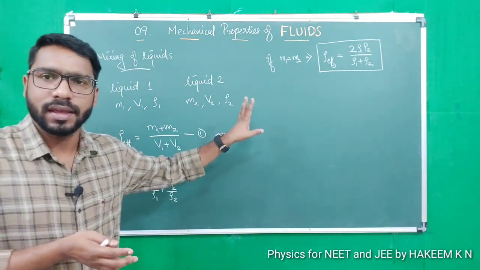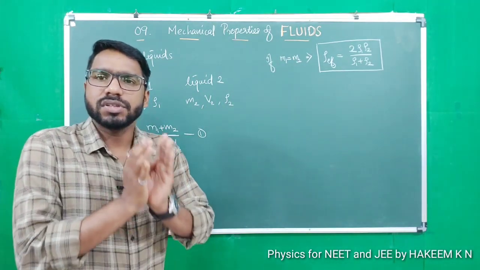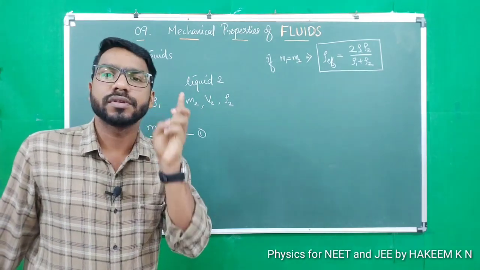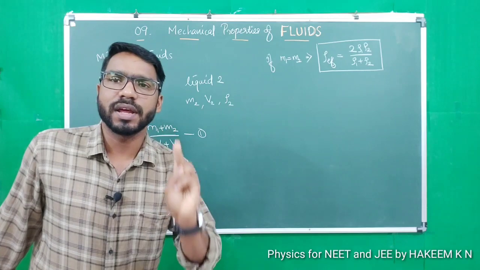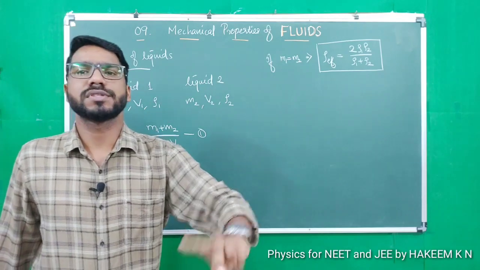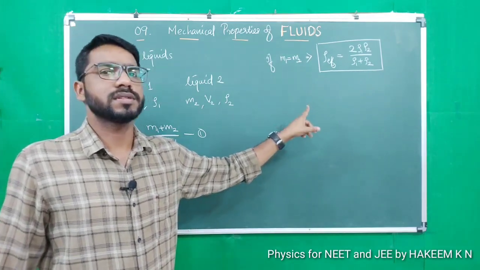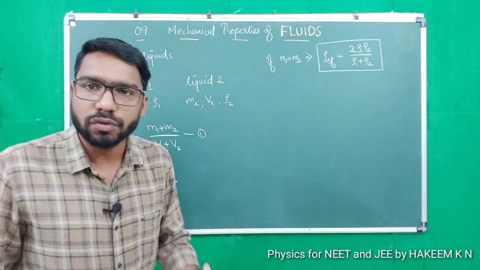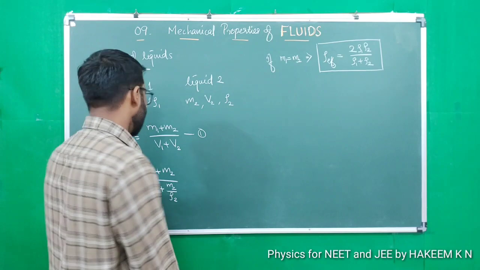So this is the effective density when two miscible liquids of densities ρ1 and ρ2 of equal masses are mixed.